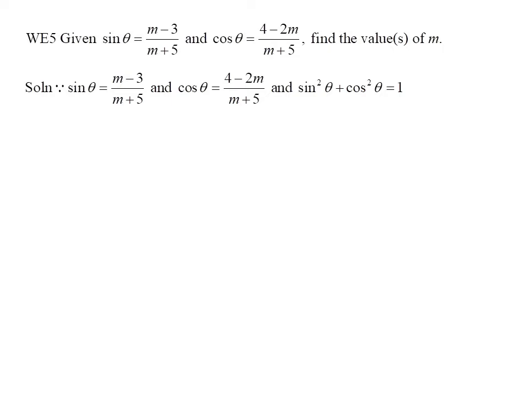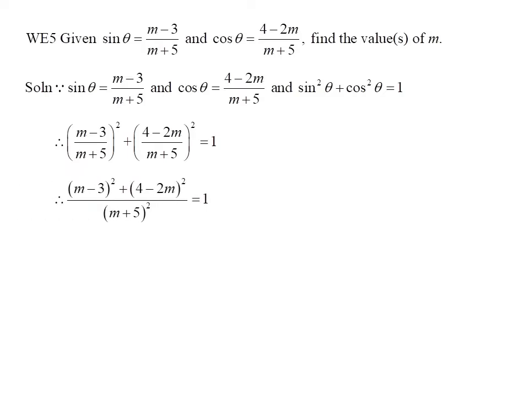Hence, we have ((m minus 3) over (m plus 5)) squared plus ((4 minus 2m) over (m plus 5)) squared equals 1.